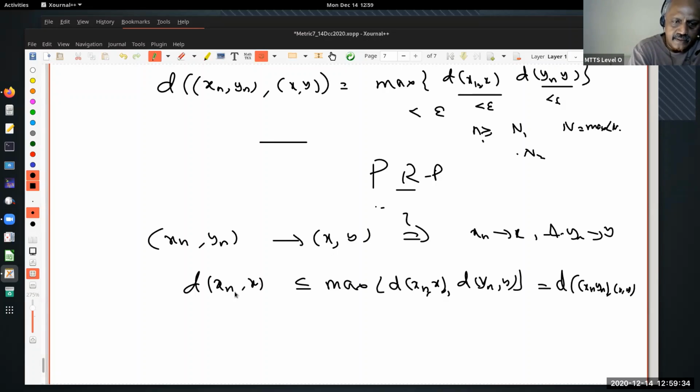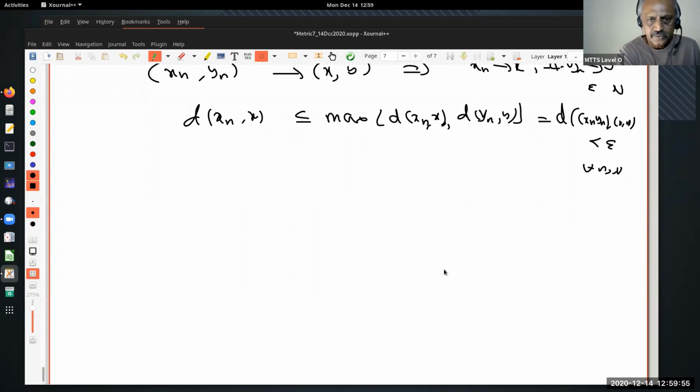Since this is given, I want to show this is less than epsilon. Since this convergence takes place, given an epsilon, there is an N so that this will be less than epsilon for every n greater than or equal to N. That means for every n greater than capital N, this will be less than epsilon. Okay, so we proved it.